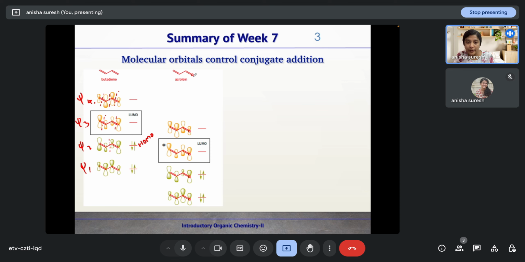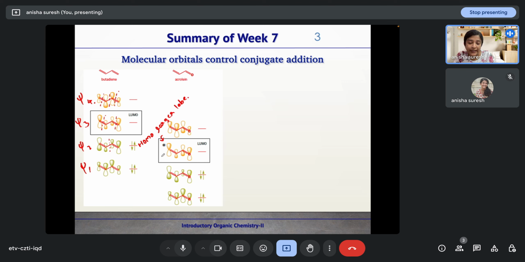And when we come to acrolein, because of the electronegativity of this oxygen, the energy of these molecular orbitals has come down. And when we see the LUMO, we can understand that this carbon, that is the 1-4 addition position, the conjugate addition position, has a larger lobe.